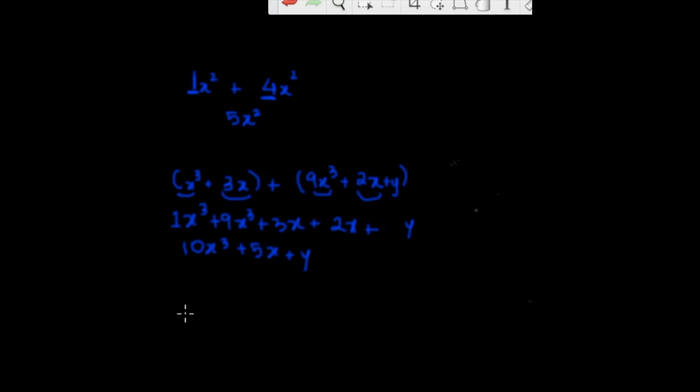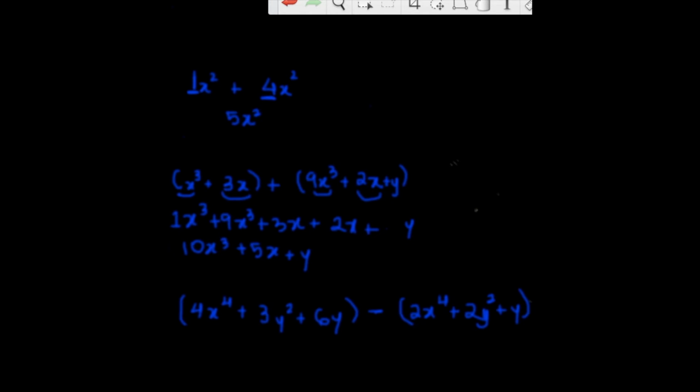In this example, we have 4x to the power 4 plus 3y squared plus 6y, minus 2x to the power 4 plus 2y squared plus y.